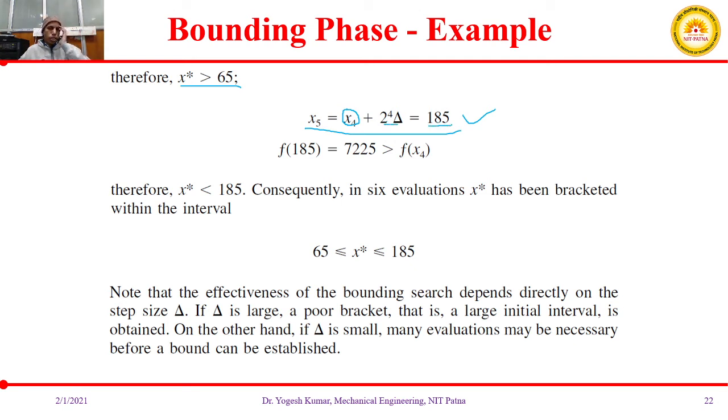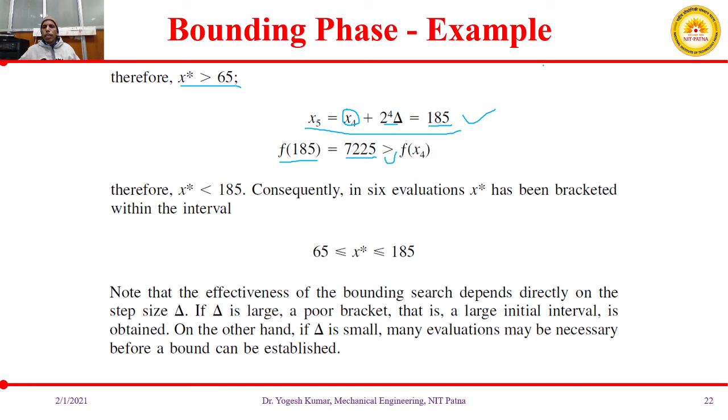Similarly we will calculate the value of function f(x5), that is f(185), and it is coming around 7225. Now the condition is reversed.